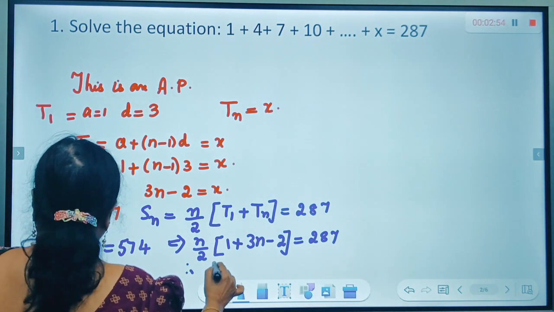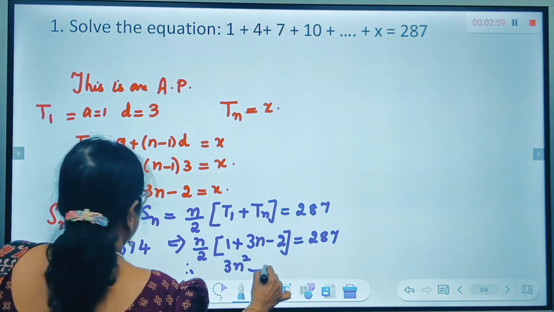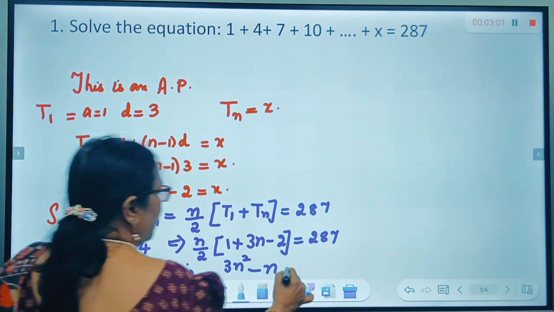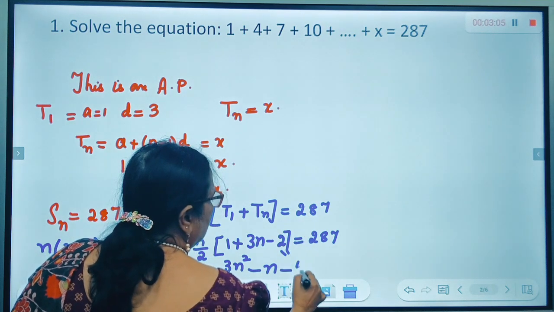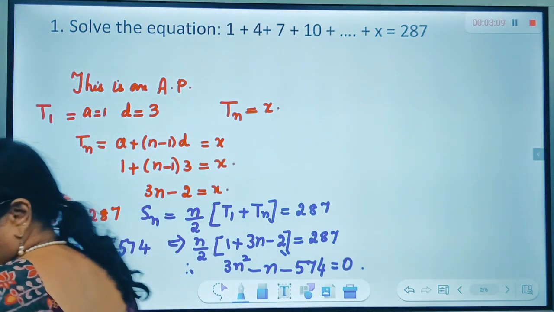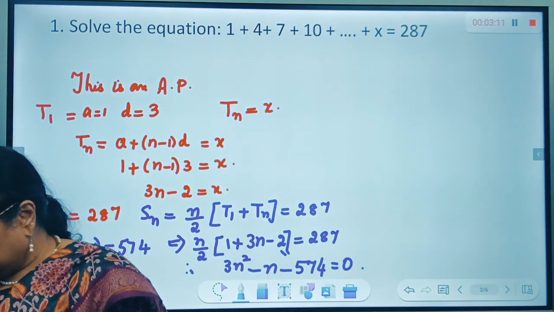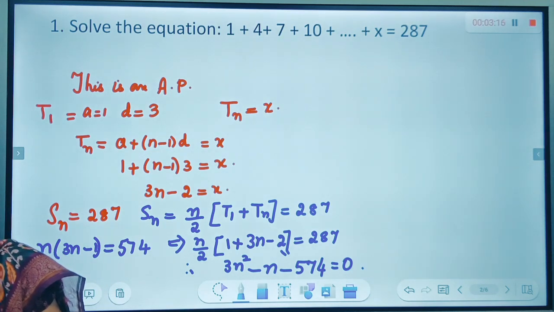Therefore, 3n square minus n equal to 574, or 3n square minus n minus 574 equal to 0.